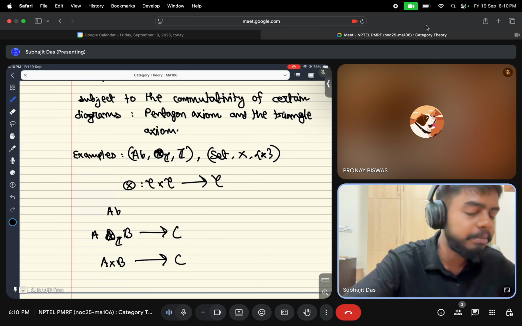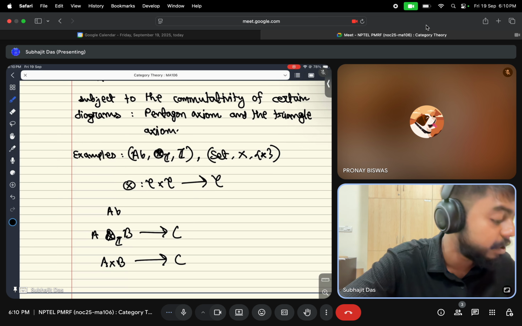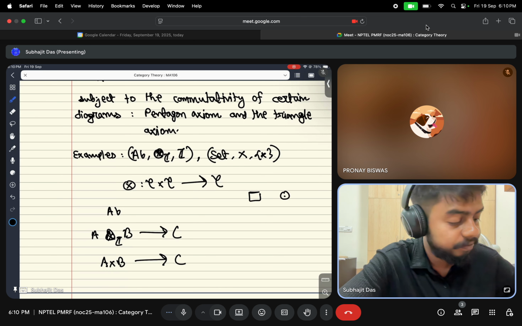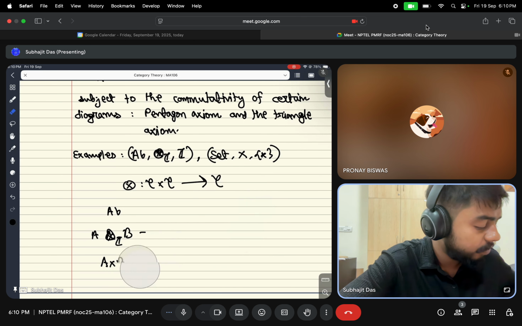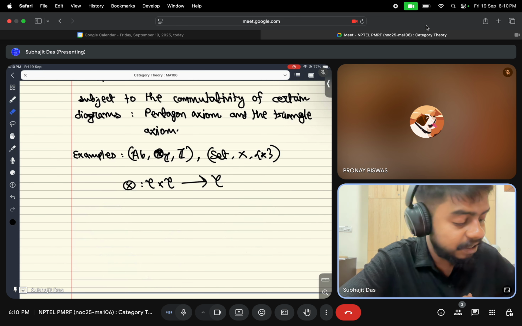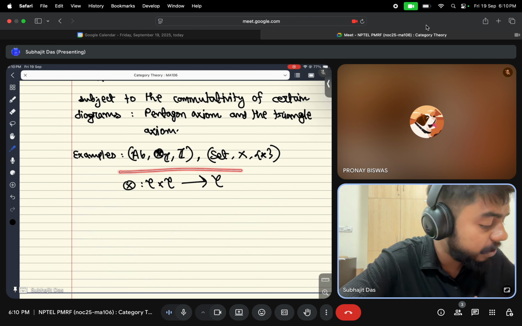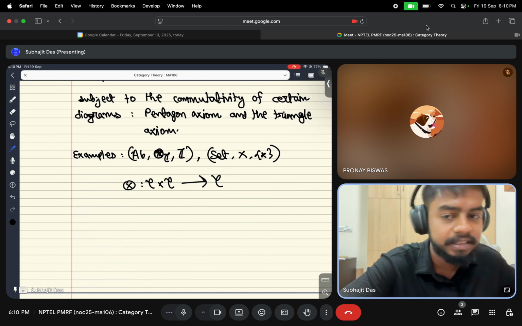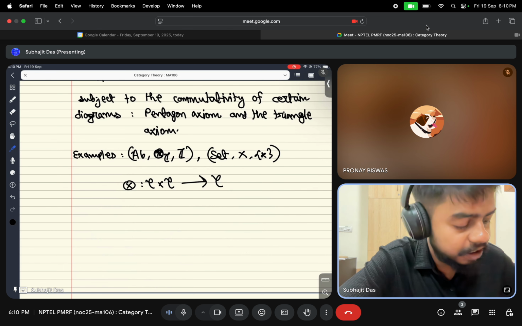It has been many years since people have used this, but people do use other notations as well, like box. Some people also use circle, dot, etc. But this is just a formal notation. There is no reason to assume anything extra about this notation tensor. Okay, it's just a formal notation.